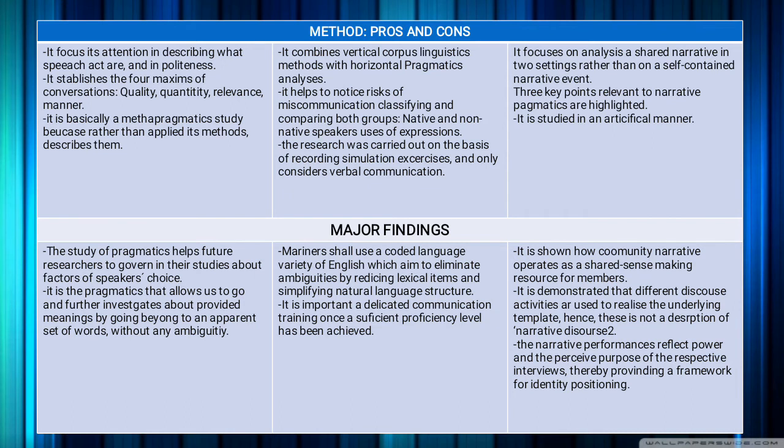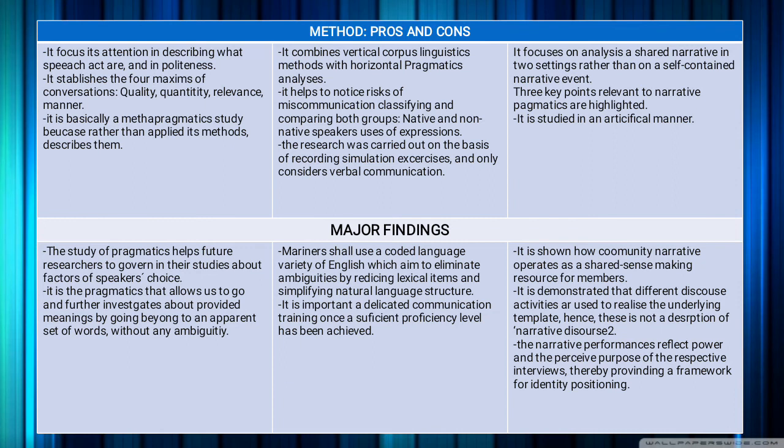Okay, according to the methods, the pros and cons, the first article focuses attention on describing what speech acts are and what politeness is. It establishes the four maxims of conversation, which are quality, quantity, relevance, and manner. It is basically a meta pragmatics study because rather than apply its methods, it describes them.